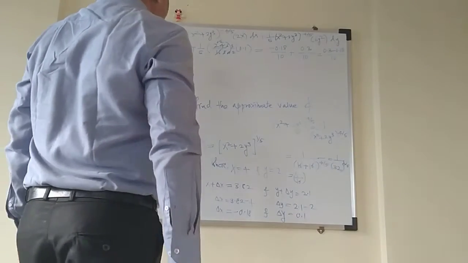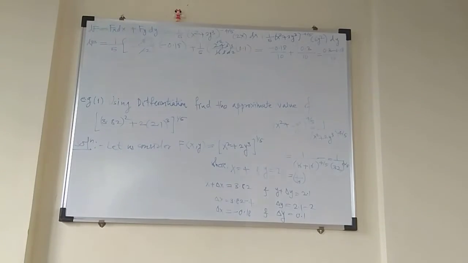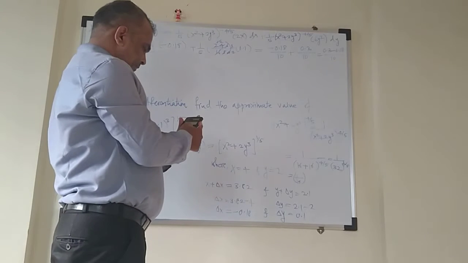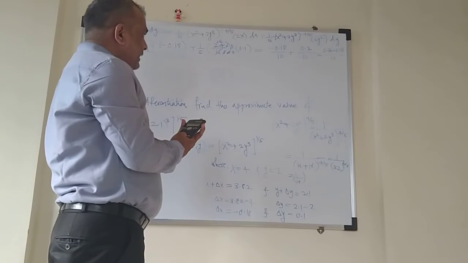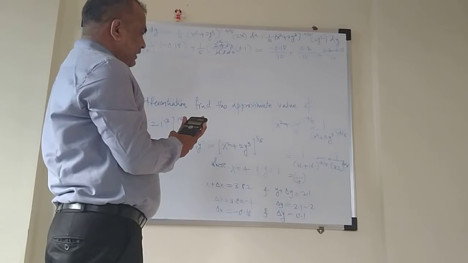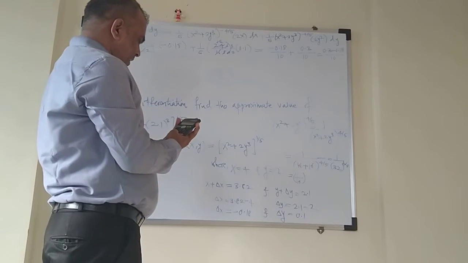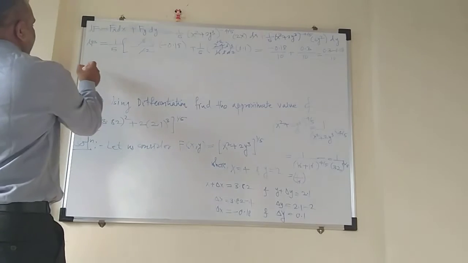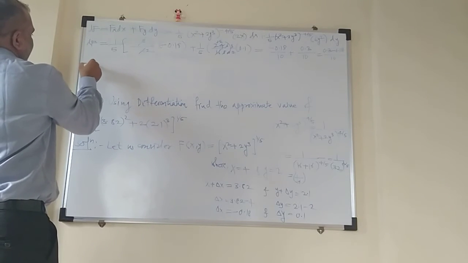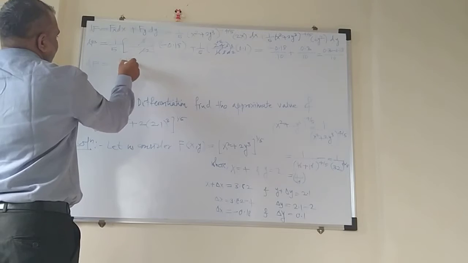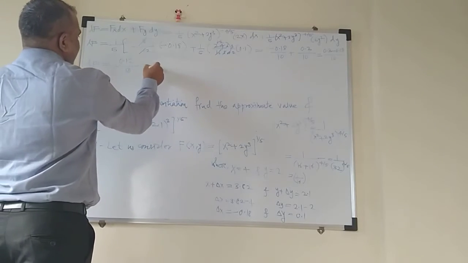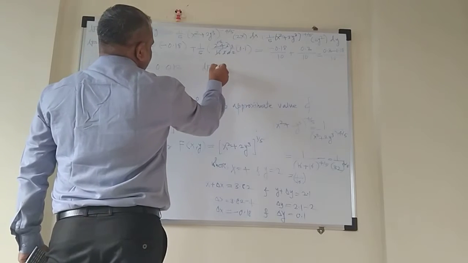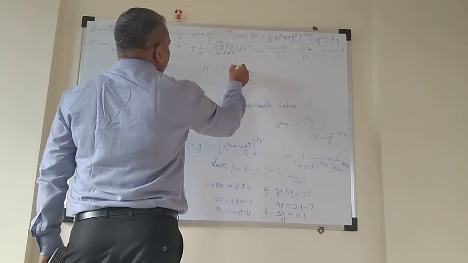So how much will it be? 0.3 minus 0.18 will be equals to 0.12. 0.12 divided by 10. So your value of df is equals to 0.12 divided by 10, equals to 0.012. So df is equals to 0.012.